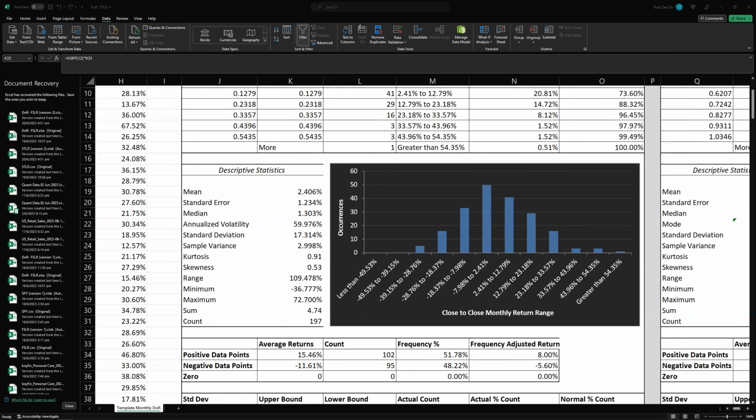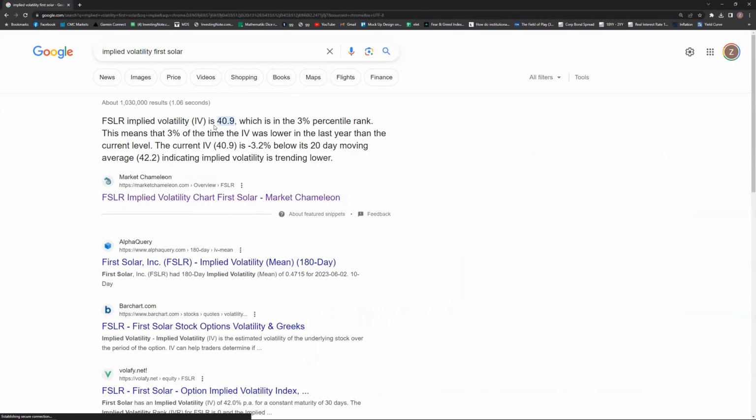Okay, so we can actually double check a bit. Let me just look at the option and see what the implied volatility is for First Solar. You can see here the implied volatility for First Solar is 40.9%, which is in the 3% percentile rank, meaning that currently this volatility is considered very low. Meaning 3% of the time IV was lower in the last year than the current level.